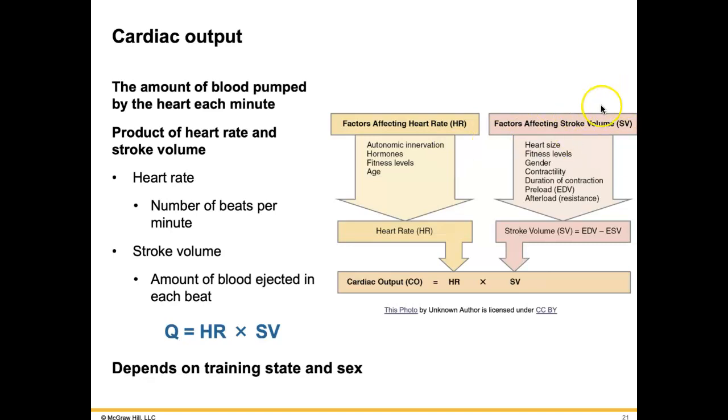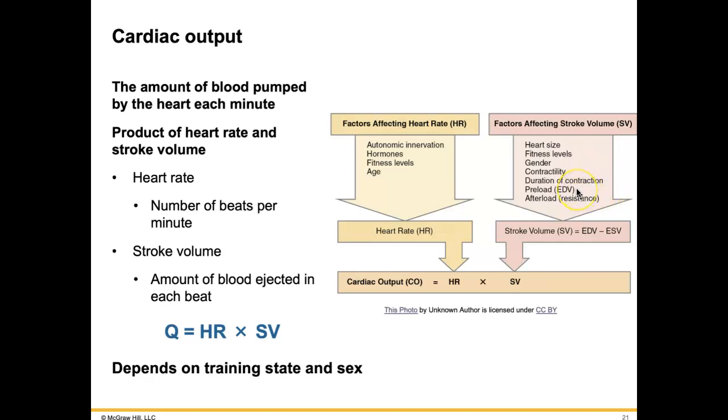And then we have our stroke volume. So that is going to depend on our heart size. If we have a larger individual, we typically have a larger heart, and smaller, of course, the heart's a little bit smaller. Their fitness levels are affected here as well, and gender. Contractility, meaning how strong is that heart contracting with each beat, and then the duration of that contraction, and then also our preload.